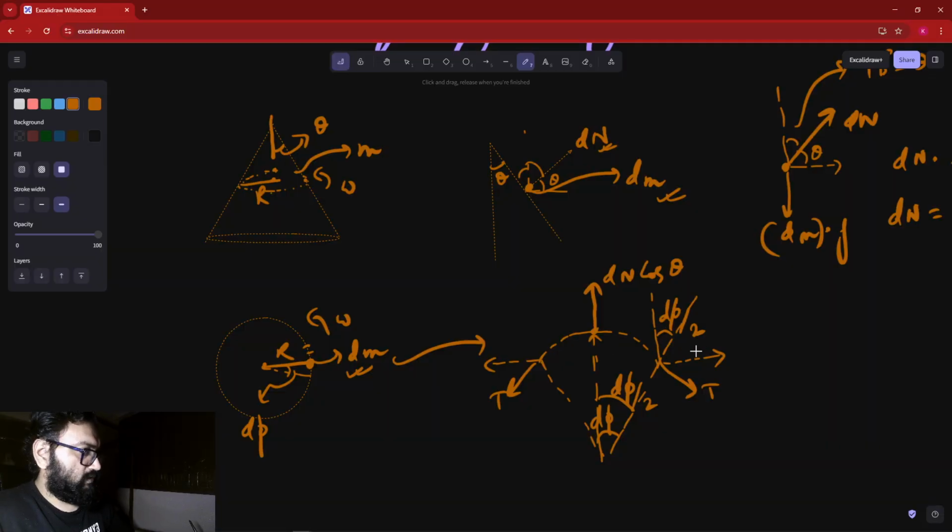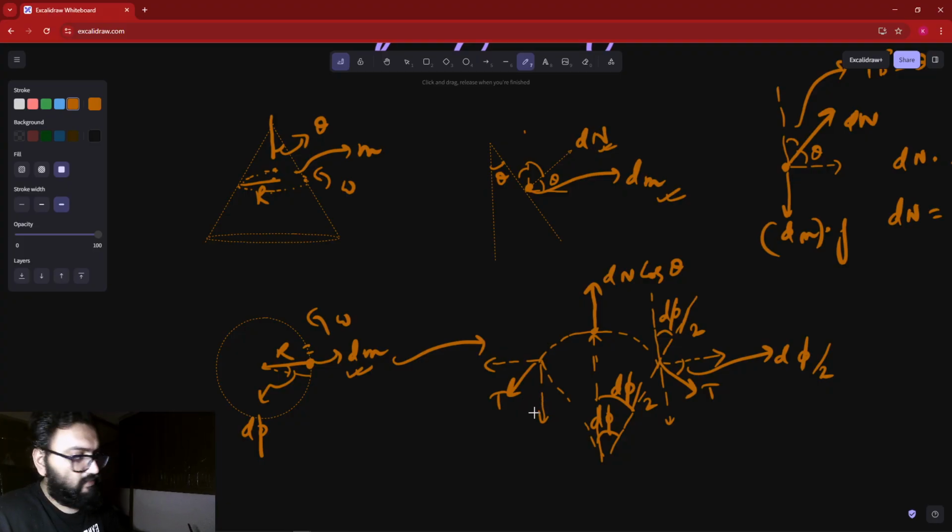So this angle was d phi by 2. This angle will be d phi by 2. Along the horizontal, if you look, the components of t in the horizontal direction cancel each other off. Along the vertical directions, you will see that the components of t add up.